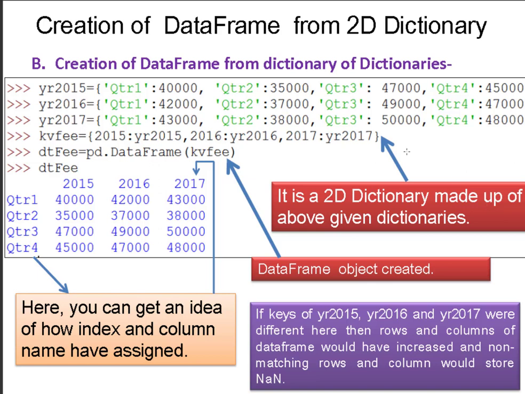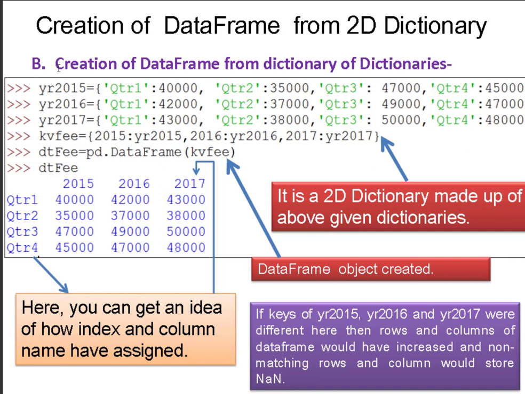So students, we already understood how to create the data frame, and with a dictionary we can create the data frame. Now in this example I am creating the data frame with a dictionary of dictionaries.